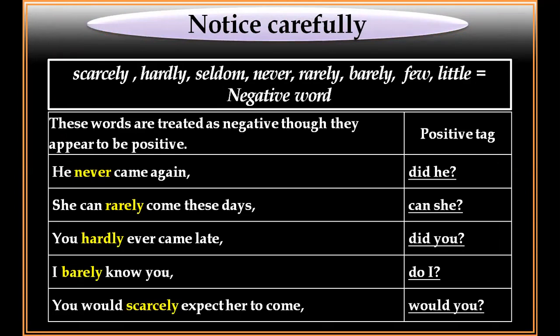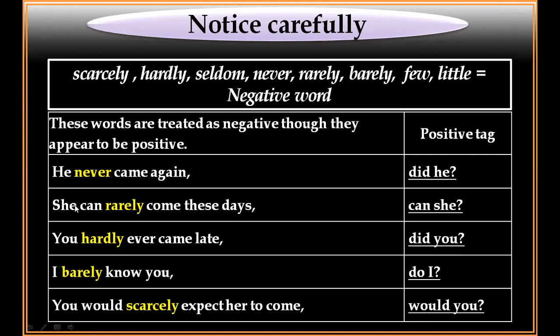You may think these words can be positive, but these words are negative. Okay, let's see. He never came again. Here, never is a negative word. As the verb is past, so did he? She can rarely come these days. Here, rarely is a negative word.